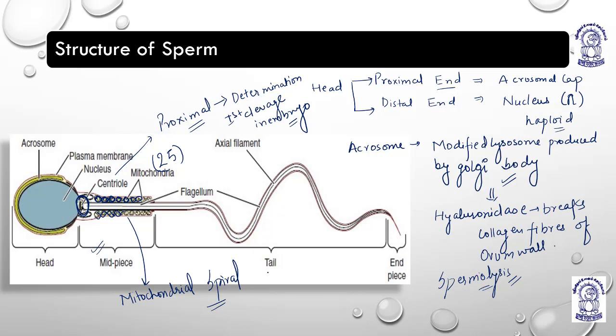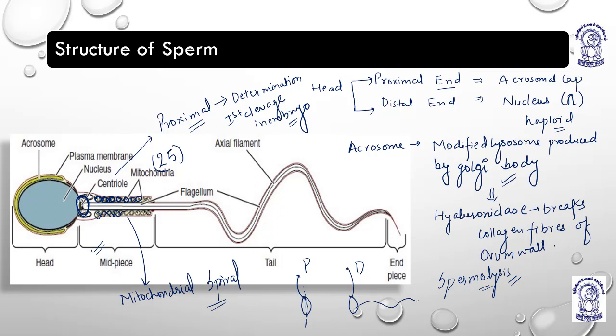At the front side proximal, P; at the back side distal, D. Distal will make the axial filament and proximal will help in the determination of the cleavage site of the embryo. Okay.